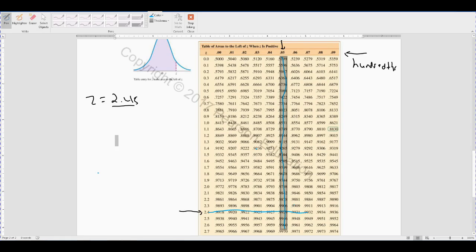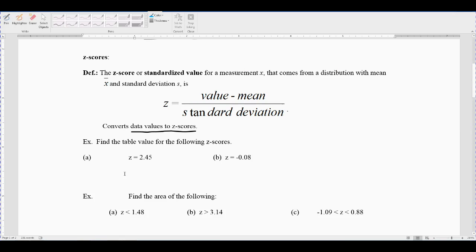And where they converge is right there. I'm going to erase that. And you'll see that the table value is 0.9929. Catch that? We went over there and we went down here, and they converged at 0.9929. So that is the table value, 0.9929. Some people may not be able to read that in that color.